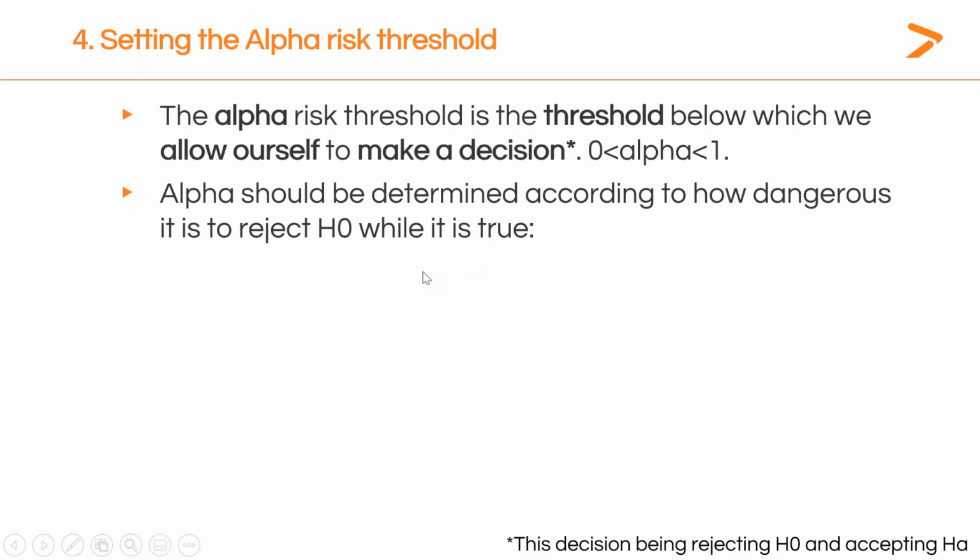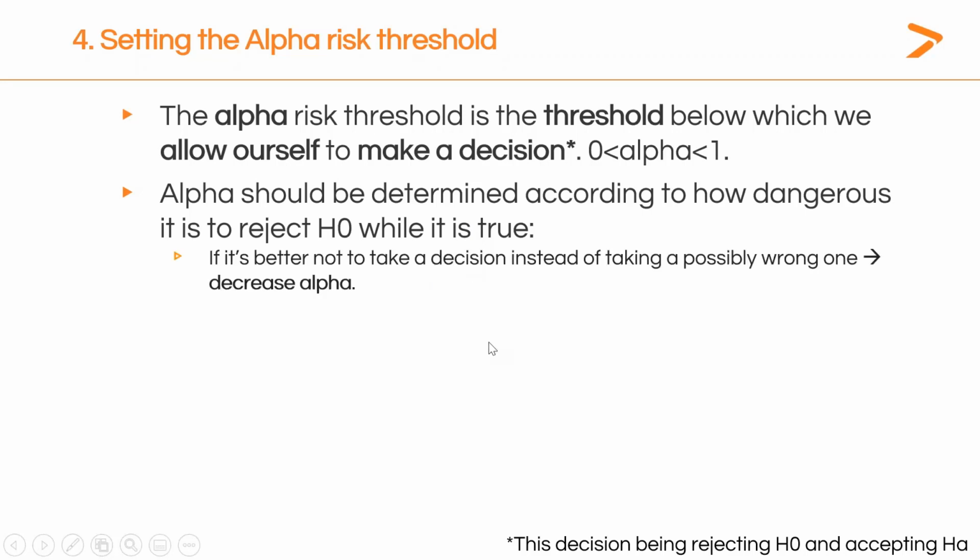Say you work in healthcare and you need to make a decision out of an experiment, and you prefer not taking a decision instead of taking one which is possibly wrong, because taking a wrong decision would lead to disastrous consequences.